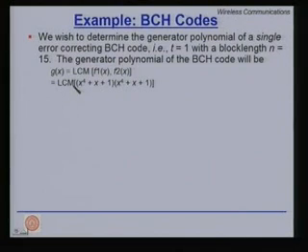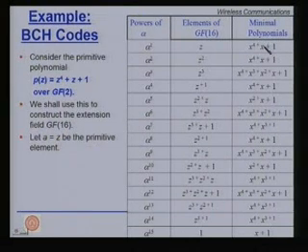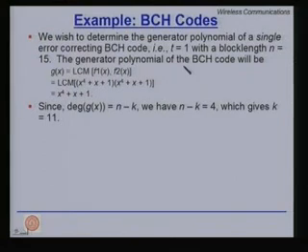Clearly, it is LCM of f1(x) and f2(x), but from the previous example what we have seen is f1(x) and f2(x) are identical. So, this LCM comes to our rescue and we just retain one of them, x raised to power 4 plus x plus 1. Simple. This is our generator polynomial. We have just found the generator polynomial of a single error correcting code.